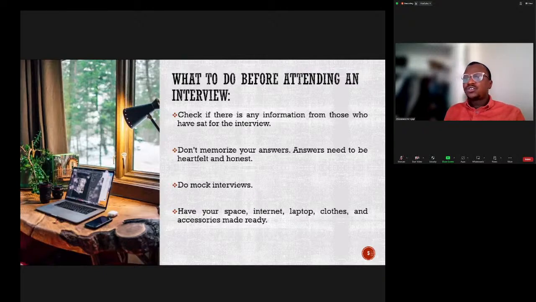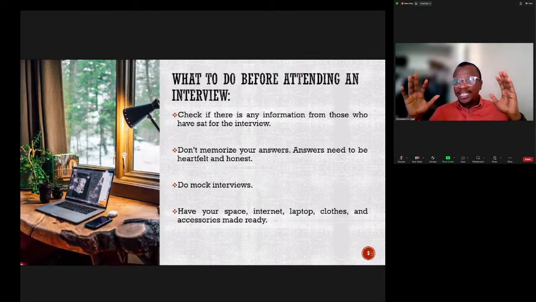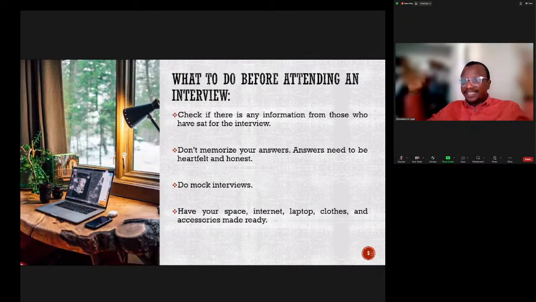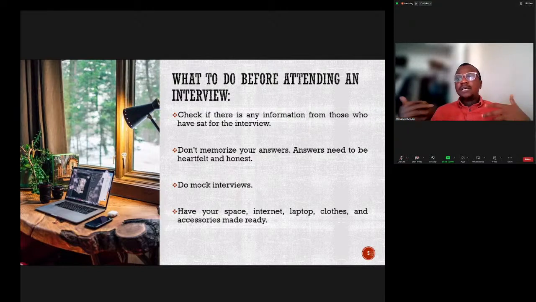If you're going to be doing a scholarship interview, don't use a phone. I know sometimes your phone might have very good functionality, but please use a laptop because that way you can use your webcam. And don't use a laptop that does not have a webcam, except if it's an audio interview. Make sure your space is well lit. We want them to see your face.